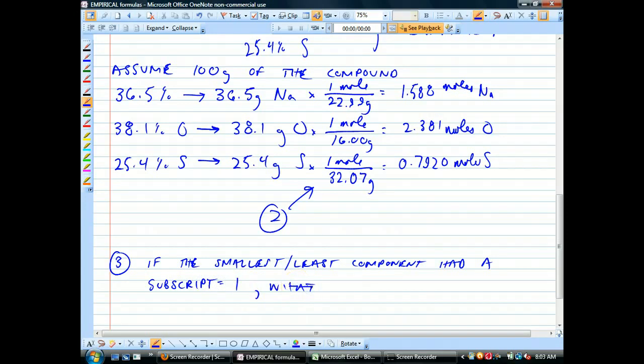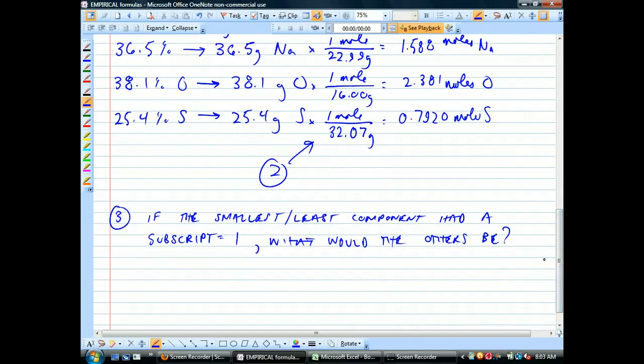What would the others be? And so that's why we divide them all by the smallest. You're basically saying, how many moles of sodium do we have per unit of sulfur, and how many moles of oxygen per unit of sulfur. What would the others be? So I'm going to take 1.588 moles of sodium.